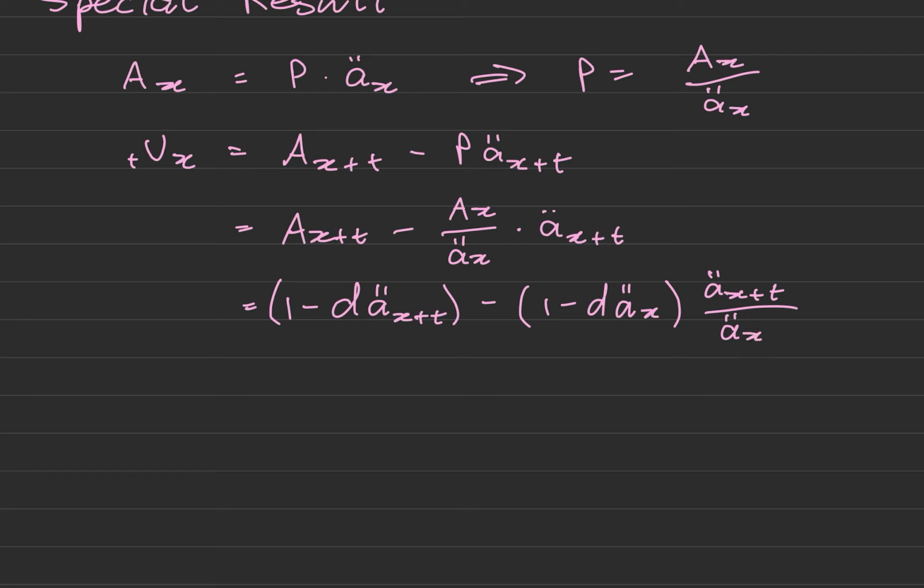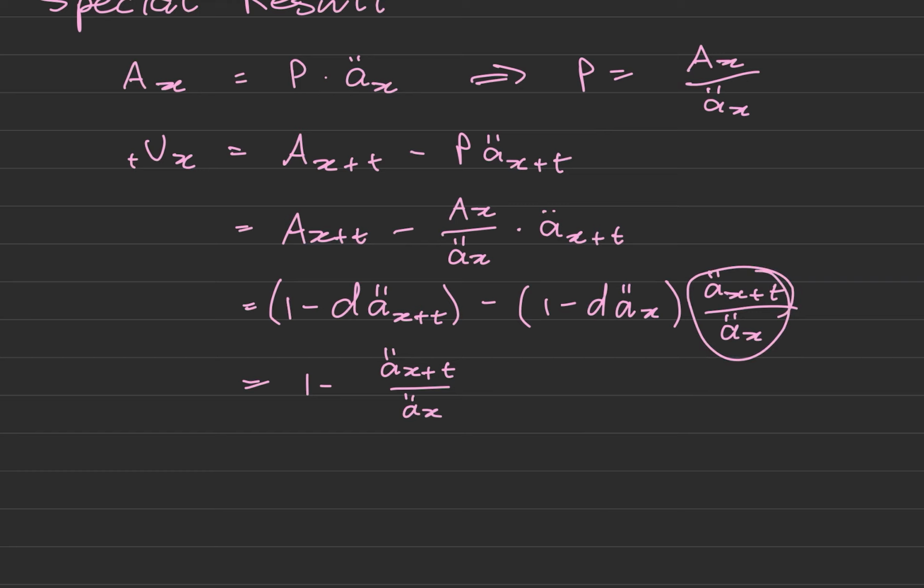Okay, so now it's just a matter of simplifying everything. So it turns out that when you do simplify this, you end up with 1 minus ä_{x+t} over ä_x. Okay, so to quickly see why that's true, if I were to distribute this into these brackets, I would get this into the 1, which would just leave me with this term, the minus that.